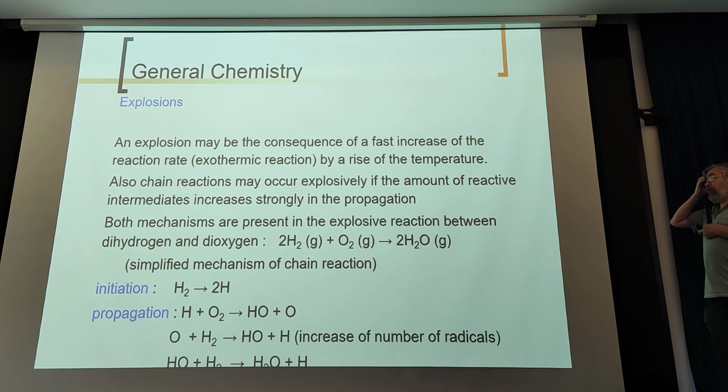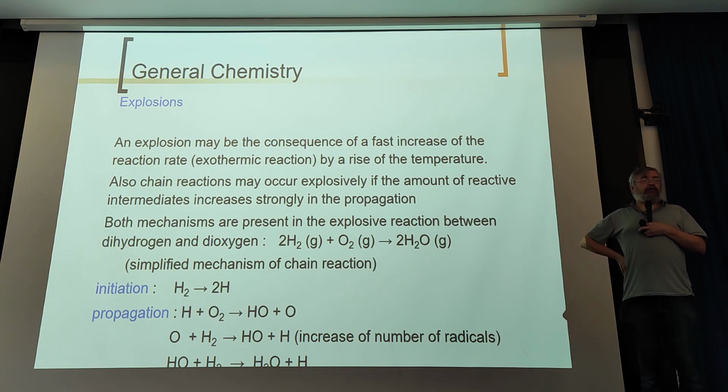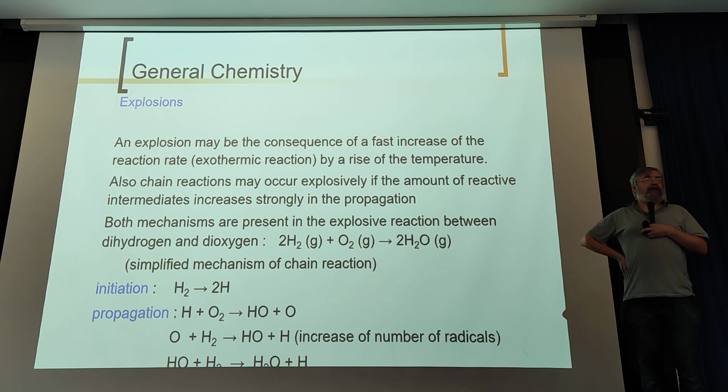The hydrogen actually reacts with dioxygen and forms a hydroxyl radical and an oxygen atom. Now, of course, an oxygen atom is also not very stable. It reacts with dihydrogen again and forms a hydroxyl radical and a hydrogen atom.